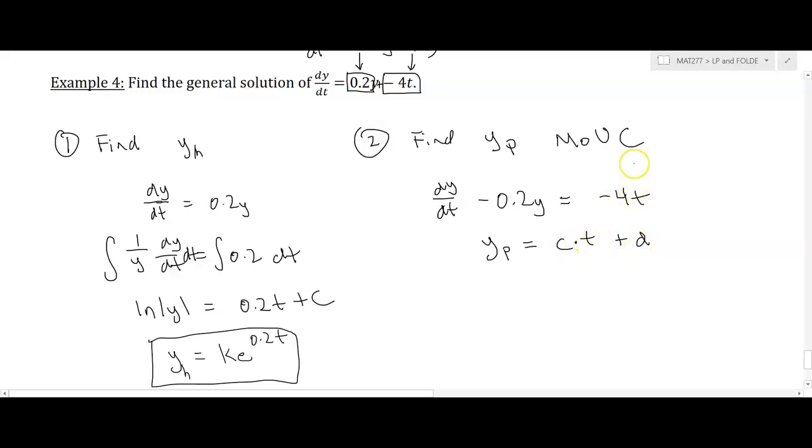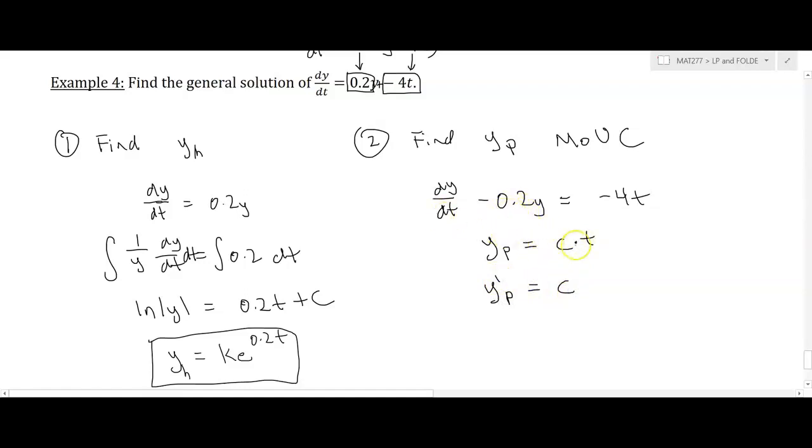And the reason I have to do that is because once I take the derivative of this, I am going to end up having a linear function. I'm sorry, we don't really need the d on there because that's not going to influence our derivative. But if I take the derivative of y sub p, I'm just going to get the constant c.